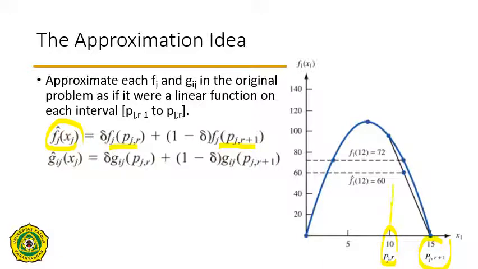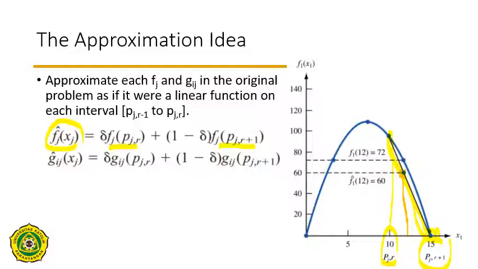The function value of 10 is here, the function value of 15 is here. To get the function value at 12, we are not going to look at the actual function anymore. We are going to take this linear line between the function values of 10 and 15, and then take the linear combination such that we get the function value for 12, which equals 60.